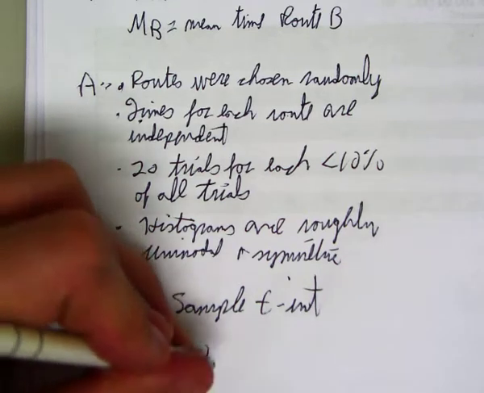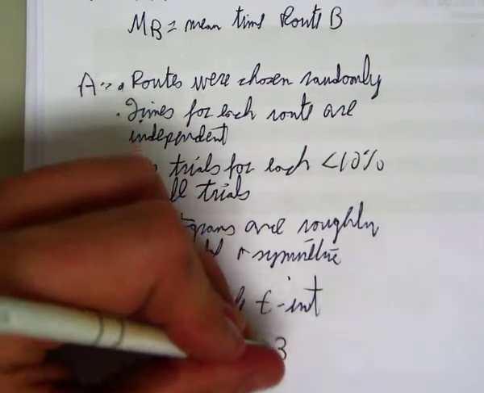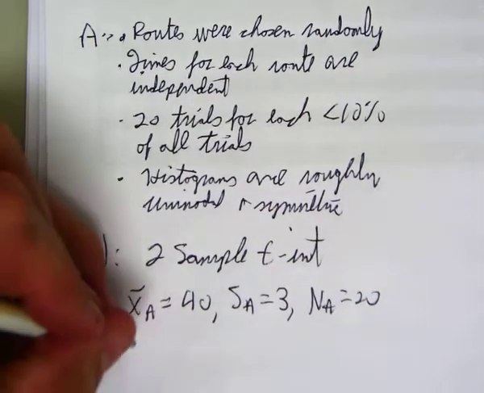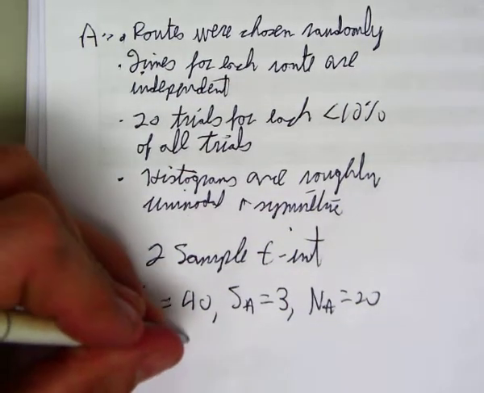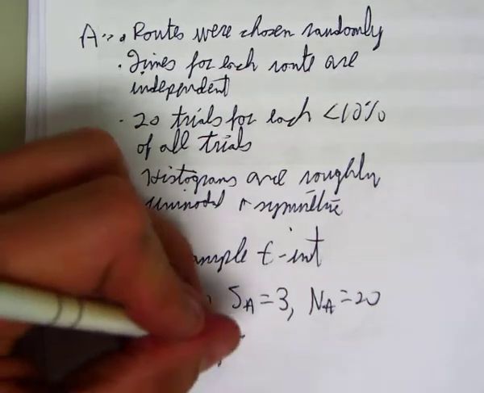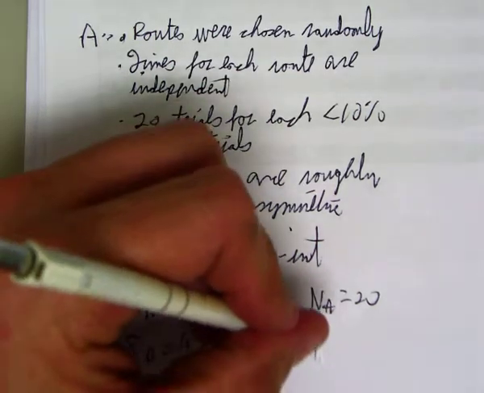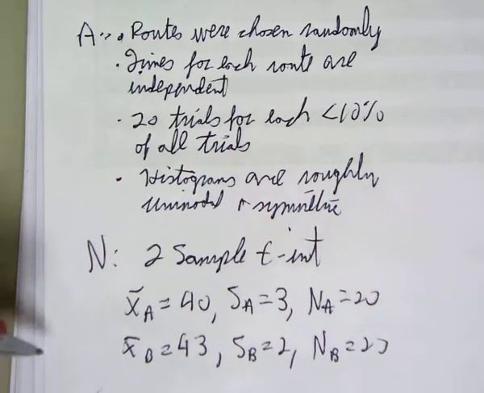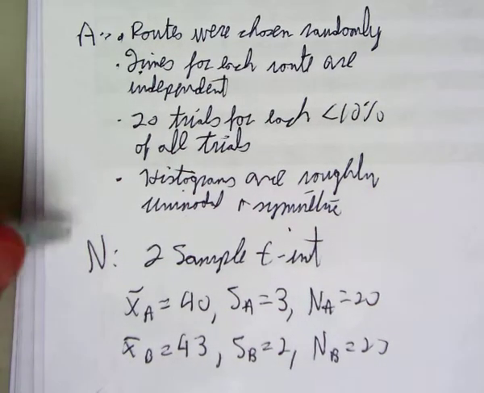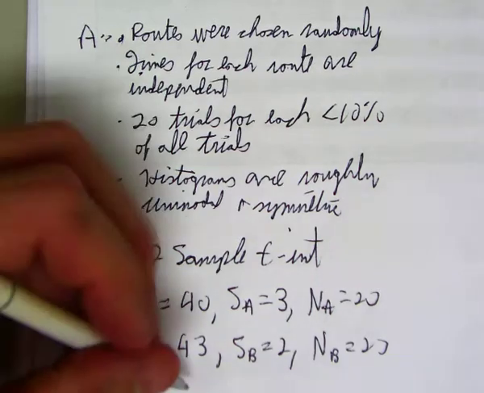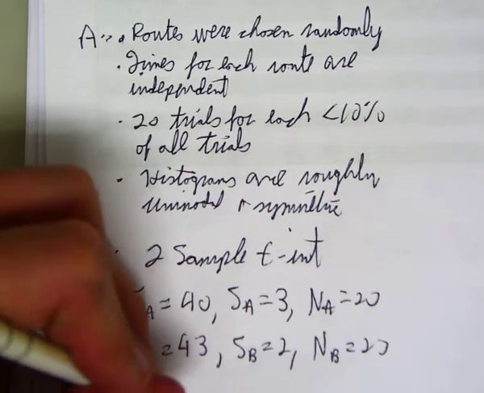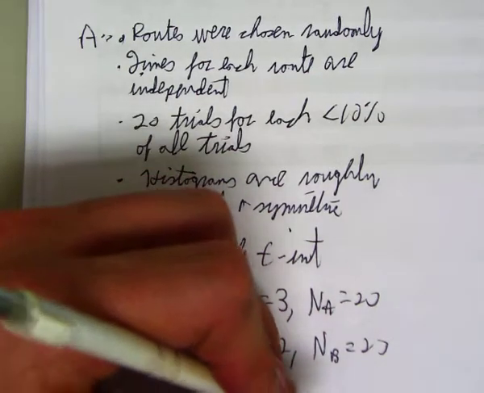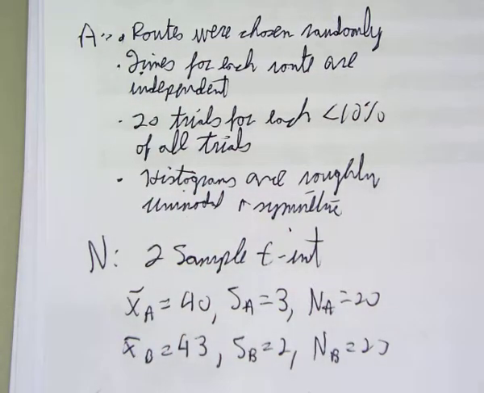The statistics are this, and then x bar of B is 43, standard deviation of B is 2, number of B is 20. Then the interval, we're going to do x bar sub 1 minus x bar sub 2. So I'm going to just do the largest minus the smallest. So I'm going to do 43 minus 40, plus or minus.